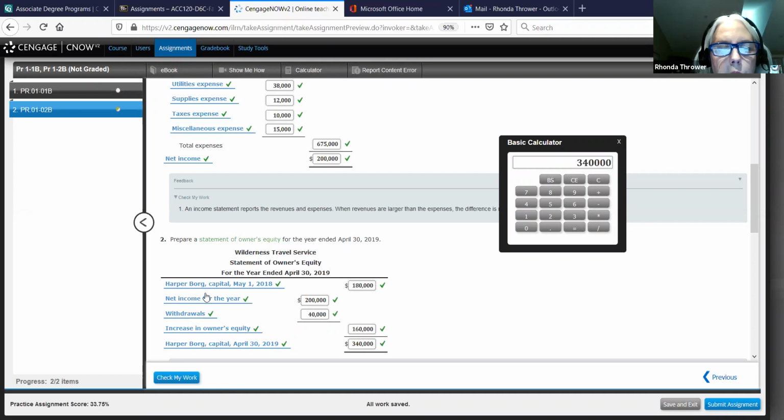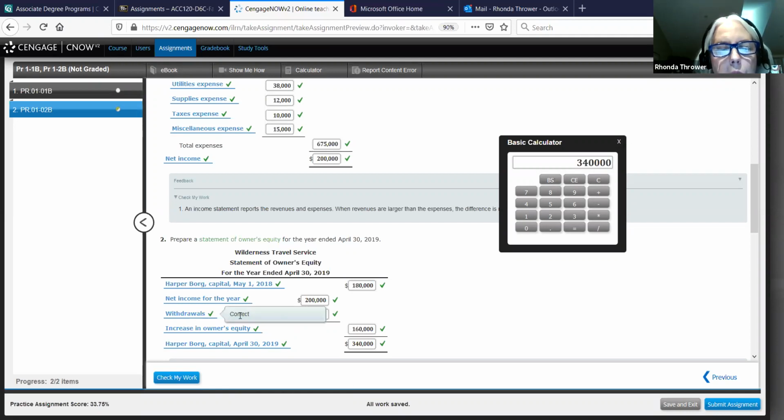If there were, we would have written it right here underneath that beginning capital balance. And then we would have determined whether we had net income or a net loss, and we would have recorded it right here. If we had a net loss, this amount would become a negative.